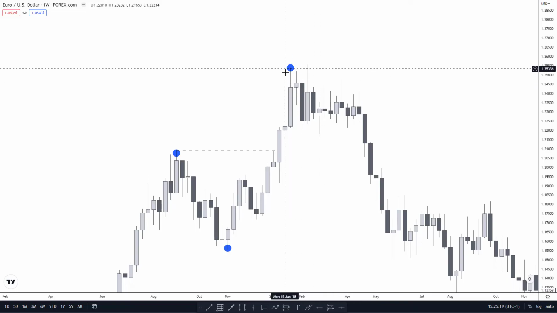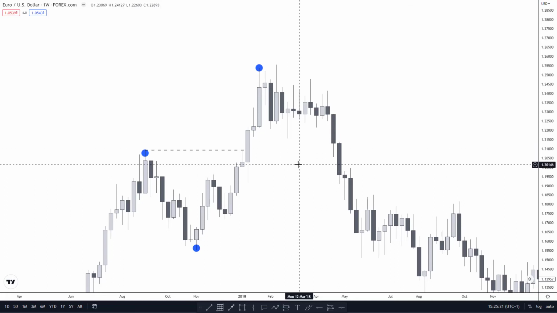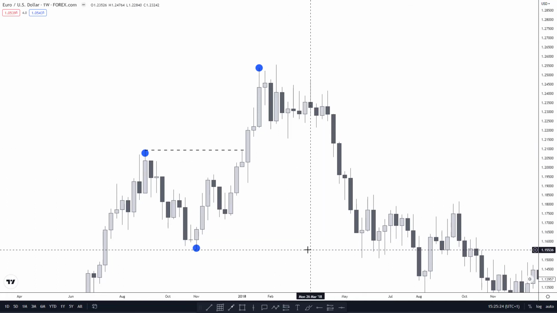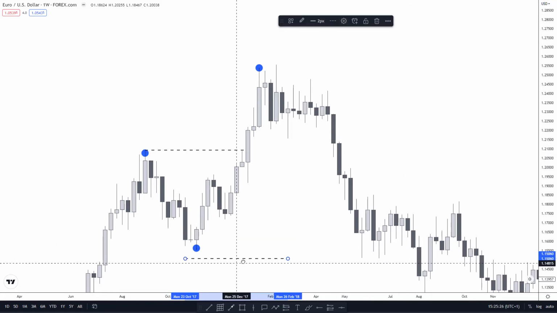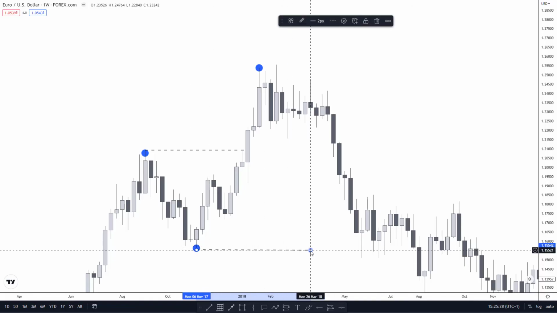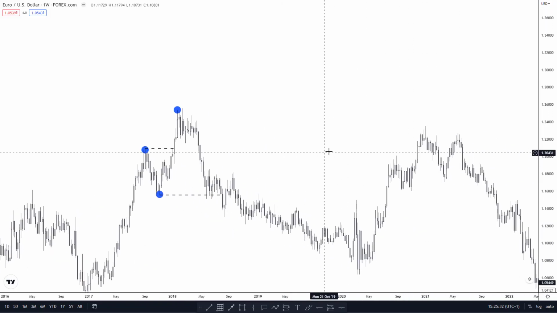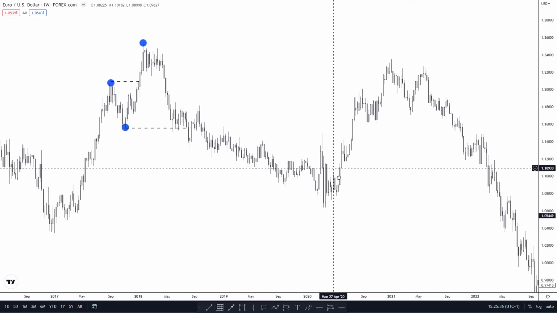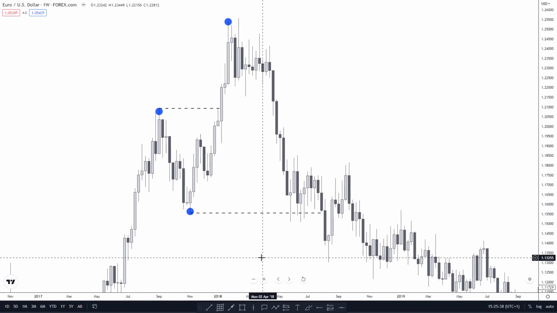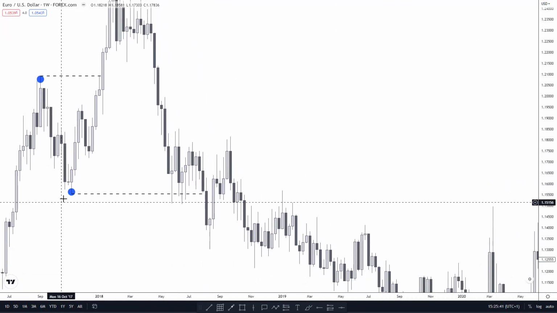This doesn't change anything in our structure. You can see the next break was a break of this swing low over at this point here. So we can mark that on. And then we'll just go on the same exact way as I marked out the monthly. So I'll just do that now, but I'll speed it up in the video, okay?